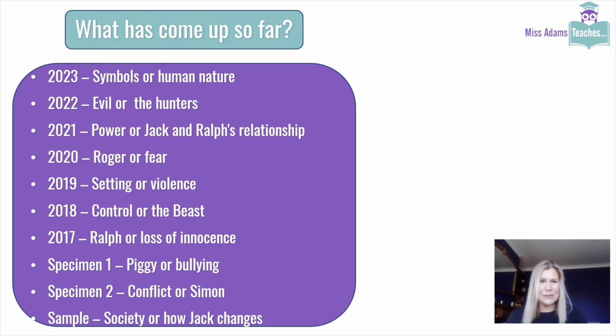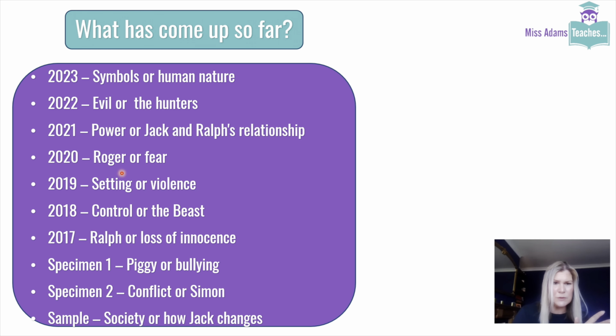Okay, so let's have a little look at what has come up last year and over the last couple of years. So symbols was the 2023 one that everyone went, woohoo! And human nature is obviously quite a nice one as well. You'll notice that over the last few years, we've not had a straight individual character. 2021, we had Jack and Ralph's relationship, but not one as an individual.